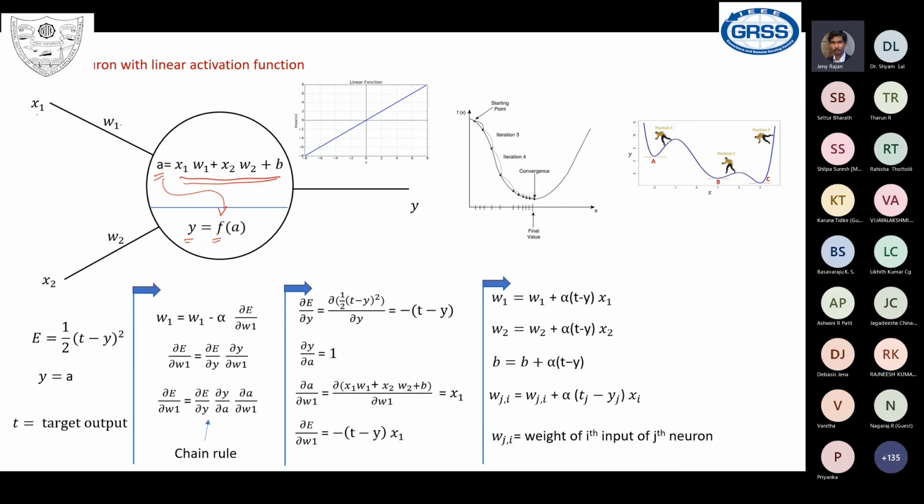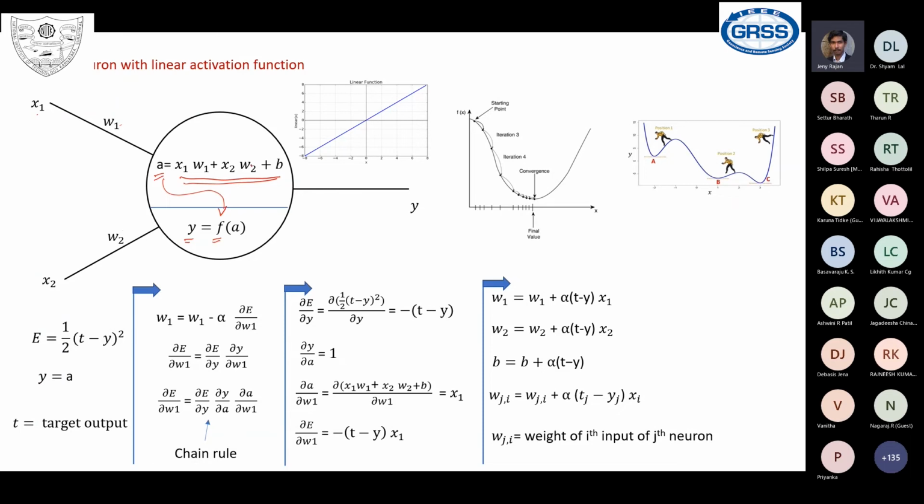The output will be the input itself, right? So here we assume that F is an identity function, and in that case, Y will be equal to A. That's all about the neuron. I hope this is clear. So just look at this neuron. It is a very simple neuron that takes two inputs, X1 and X2, and W1 and W2 are the weights associated with the neuron.